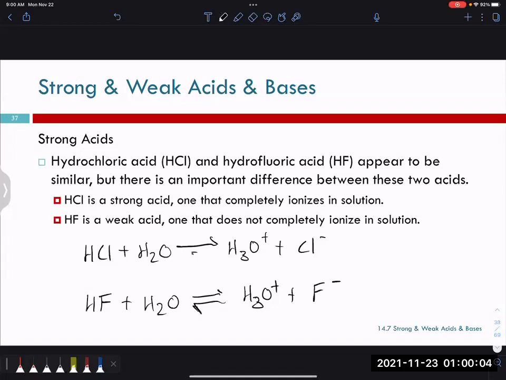So these are similar reaction rates at equilibrium, or rather, the relative amounts are about the same. Your strong acids completely ionize. Your weak acids do not completely ionize.